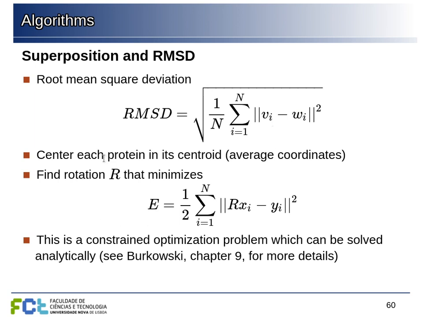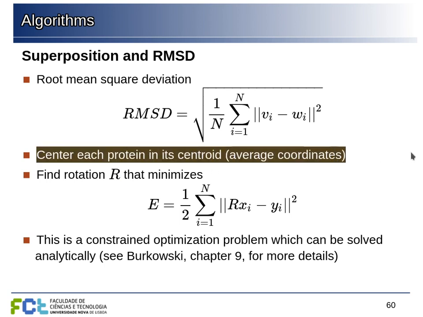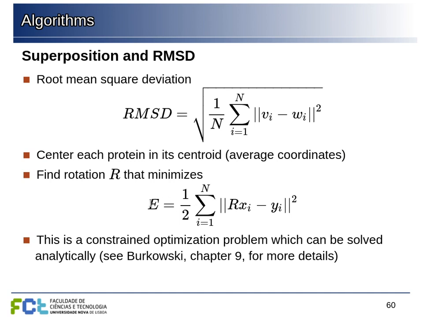But now we need to find the rotation matrix here after we center both proteins on the same point. So we are translating them to overlap them. All we have to do is rotate one relative to the other, and basically we want to minimize this quadratic error by adjusting this rotation matrix, so that after rotation the coordinates of the one protein are as close as possible to the coordinates of the other.